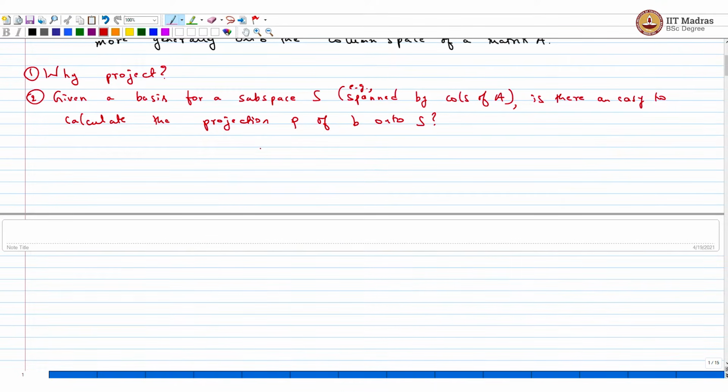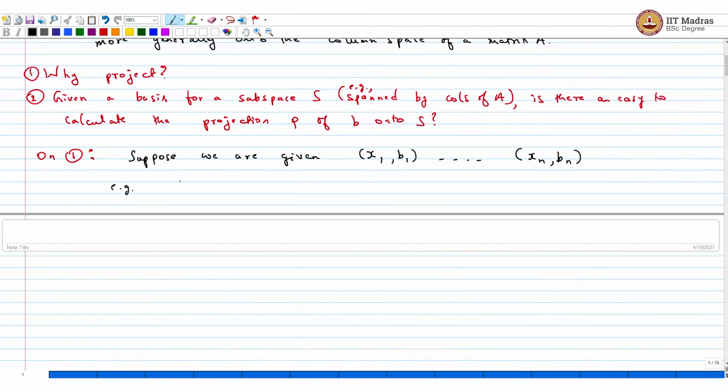Let's look at question 1. Suppose we are given data, say x1 b1 until xn bn.